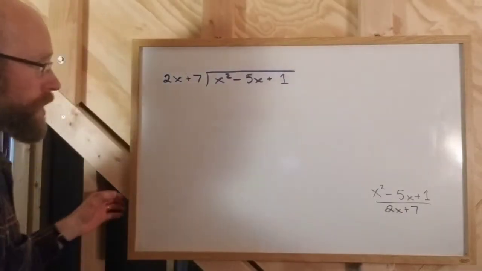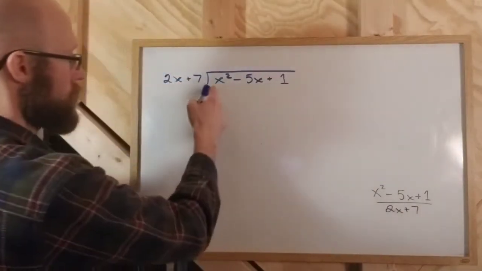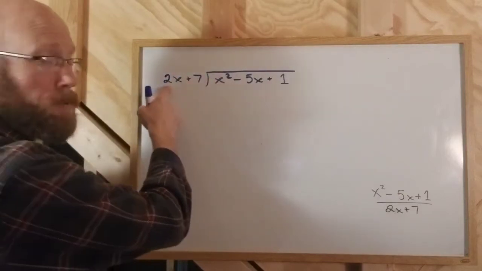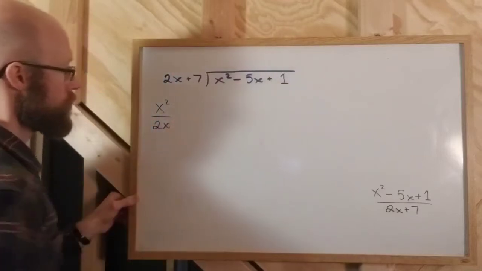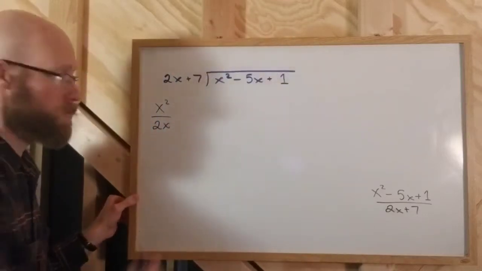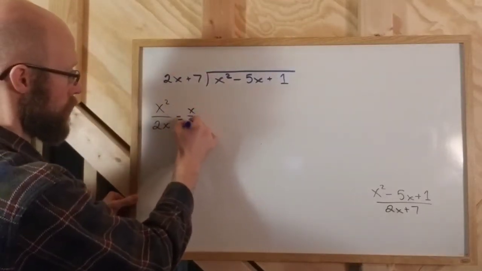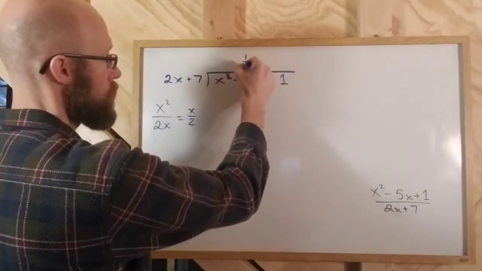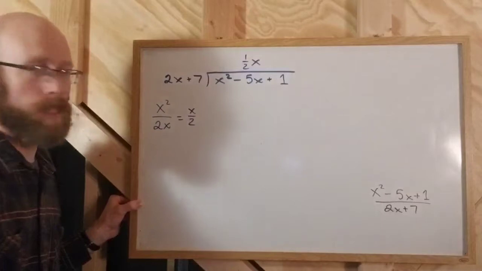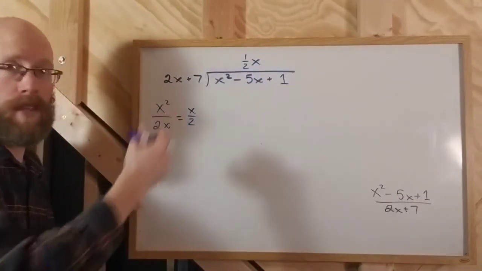If I divide this out, I always take the big term divided by the big term. So that's x squared over 2x, which is x over 2. So x over 2, or equivalently 1/2 x, is my leading term. It goes above the x term.